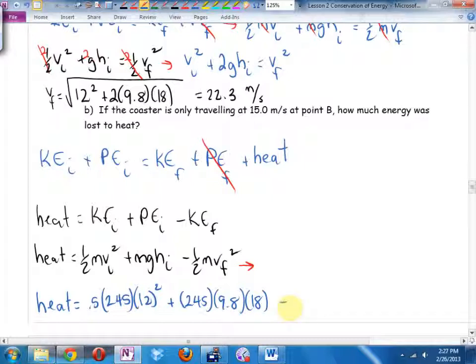Takeaway, at the bottom of the hill, we had 0.5 times 245 times 15 squared. Don't forget the squared. That's the most common mistake, by the way. Kids forget the squareds. How many joules were left over that must have gone into heat and sound and other bleeding energies?